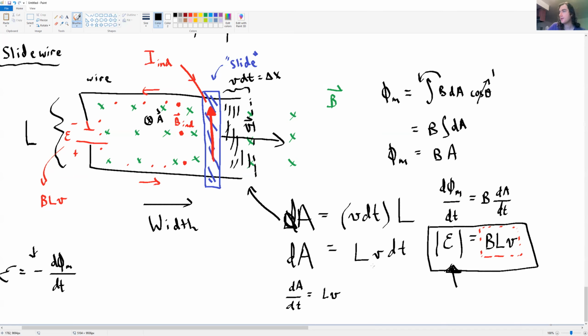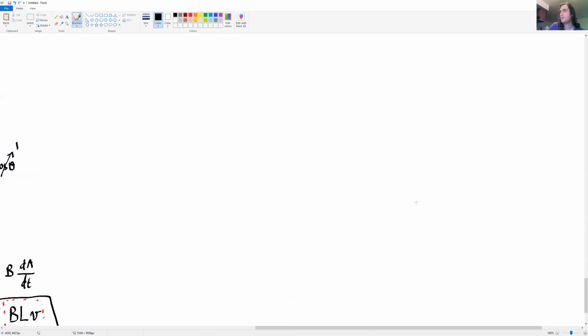So whatever the velocity is that we make this thing move with, that's going to induce a voltage, and the connection there is the induced voltage divided by BL. So kind of what we got over here.